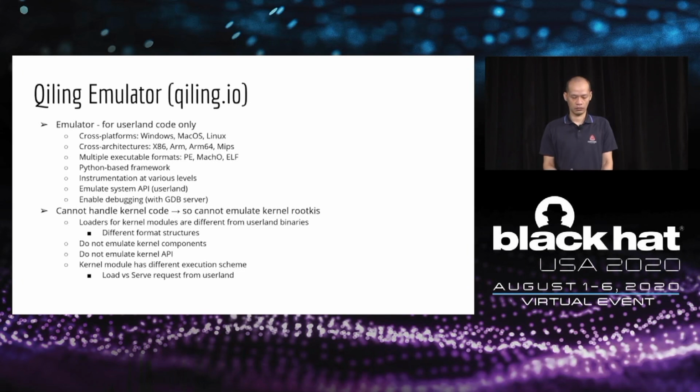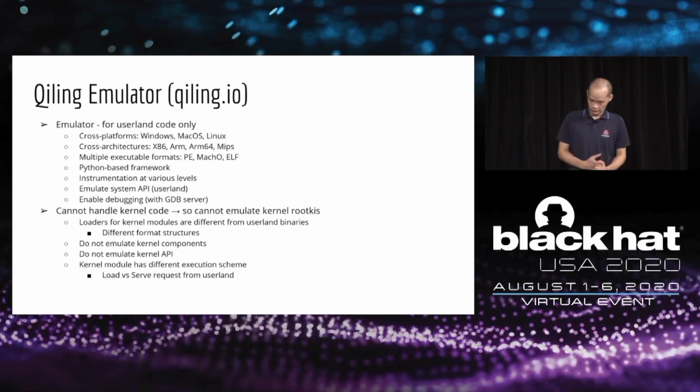It's built to run the userland code from beginning to end, but kernel modules function differently. We need to load the kernel module into the emulator first and let it initialize. And after that, depending on the user input, the kernel rootkit will run different code paths depending on the input. So the scheme of emulating a kernel driver is quite different from emulating userland code.